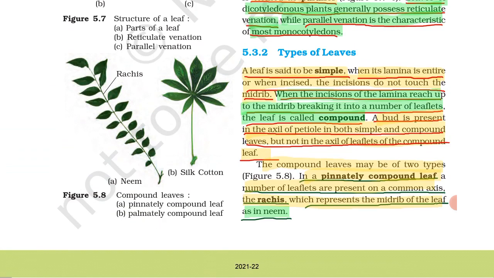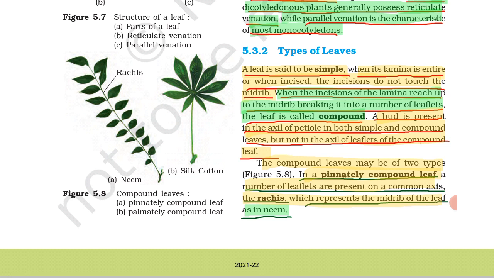So in types of leaves we have seen simple and compound leaves. In simple leaves the lamina is entire and the incision does not touch the midrib, and in compound leaves the incision of the lamina reaches up to the midrib, breaking into a number of leaflets. In a pinnately compound leaf, a number of leaflets are present on the common axis, representing the midrib of the leaf, and the example is neem.